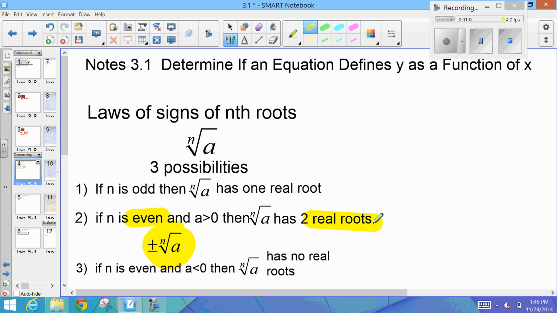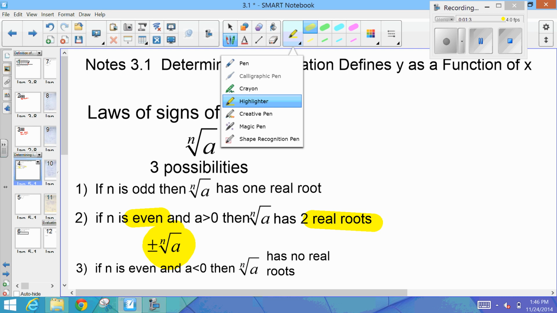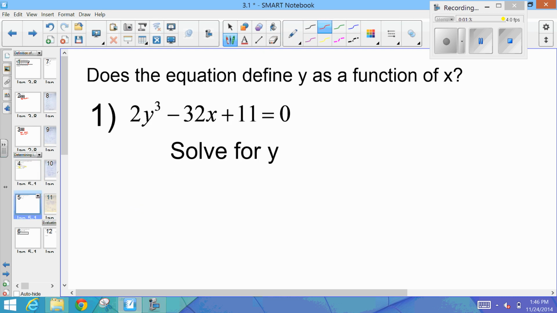One of them being positive, the other being negative. And so that's important because if you have y as your output and y has more than one solution, positive and negative, then the relation is not a function. So that's all this really boils down to. Make sure you have that previous page in your notes.